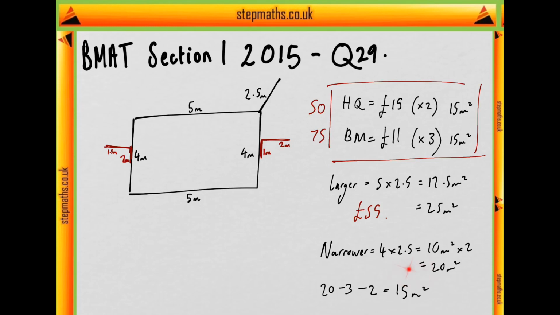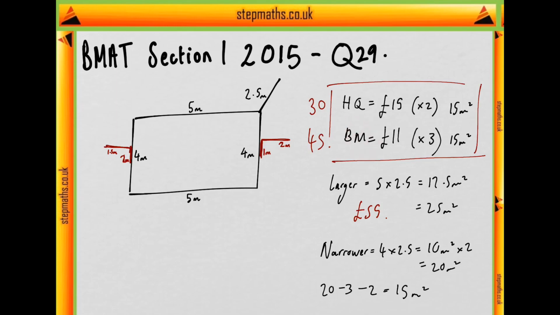So in this case, we can use whichever one is more appropriate. In the case of the high quality manufacturer, I'll just write here that we need 30 metres squared to be covered, obviously double this with the 2 coats, and 45 metres squared for the 3 coats from the budget manufacturer.